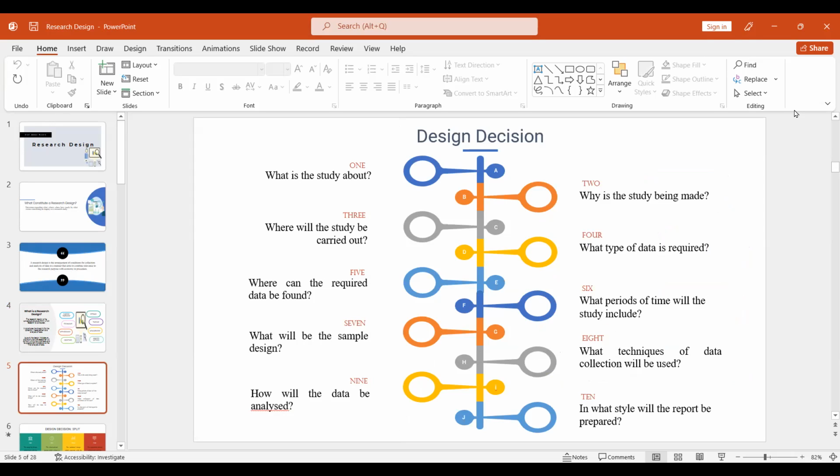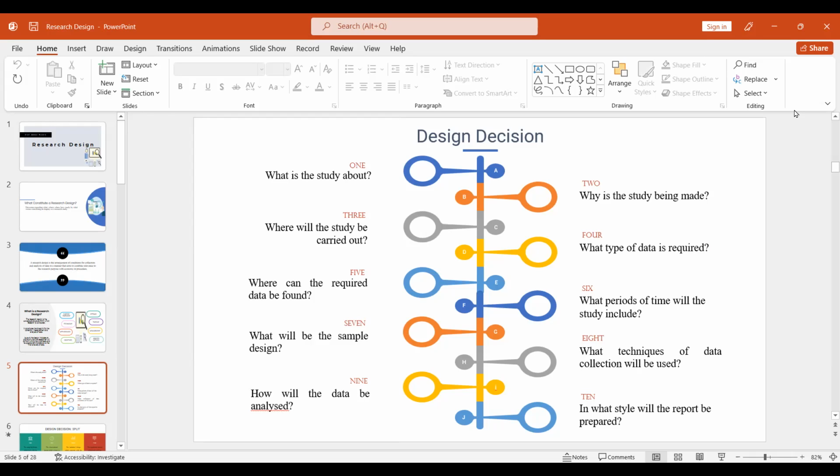Suppose you relate it to the discipline of architecture. The study may be about designing a building better for occupants.